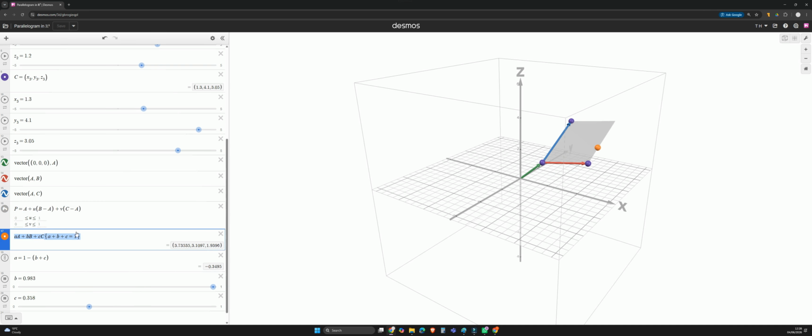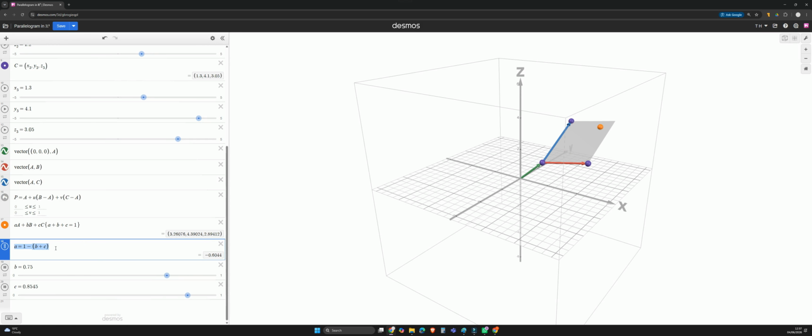Now below, we have an expression for every point on the parallelogram. That is small a times the vector A plus small b times the vector B plus small c times the vector C. Small a plus small b plus small c is equal to 1. Notice that I replaced the variables x, y, and z with the variables small a, small b, and small c.